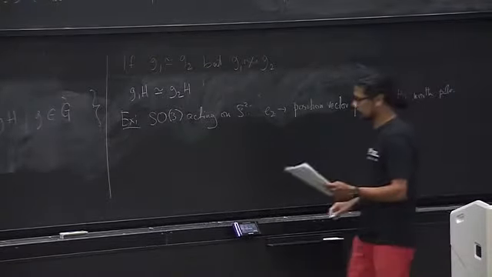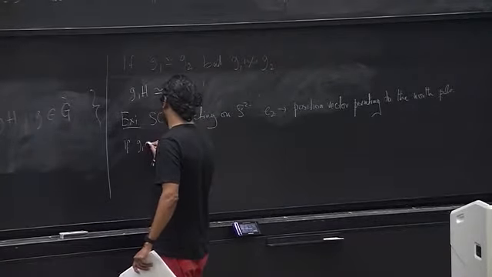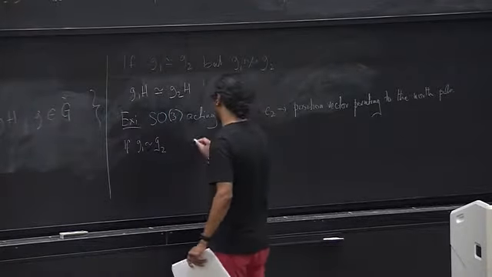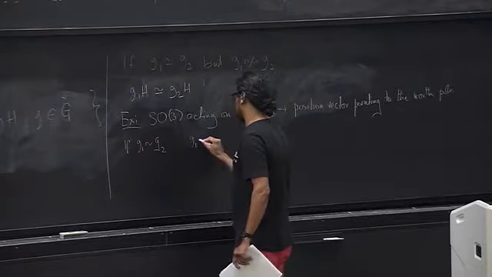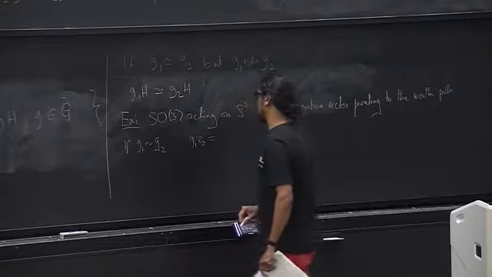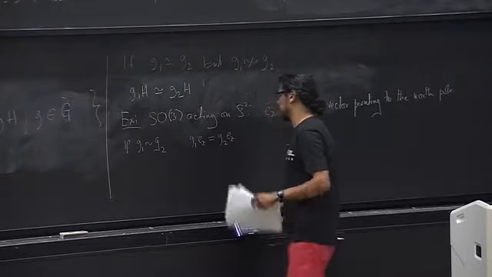Now, if G1 and G2 are in the same coset, then if I apply G1 on this vector, I get to the same point I would have gotten to if I applied G2.